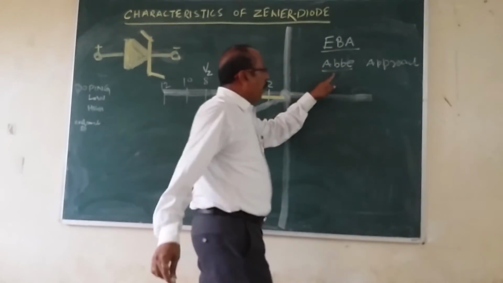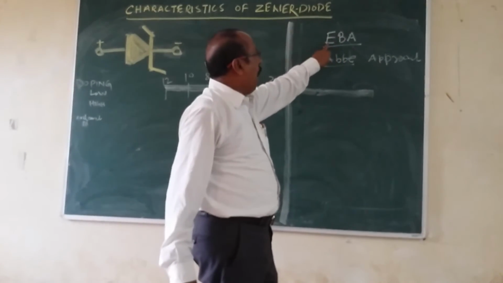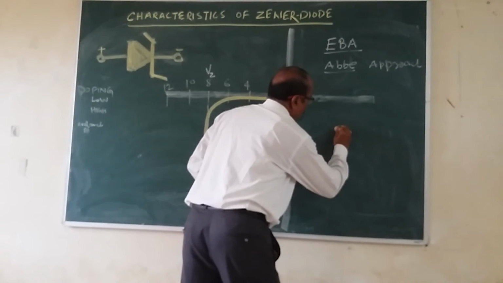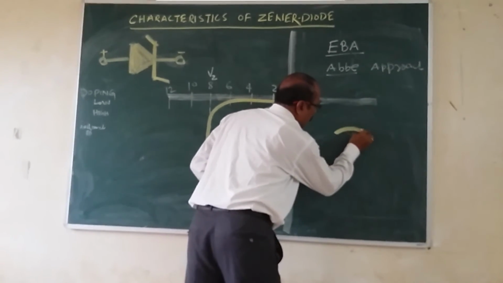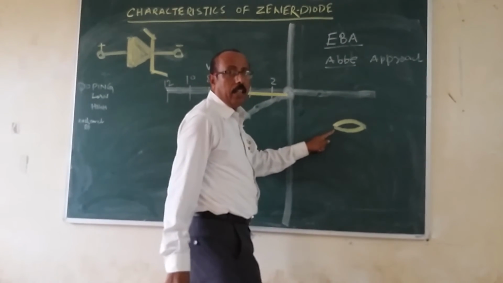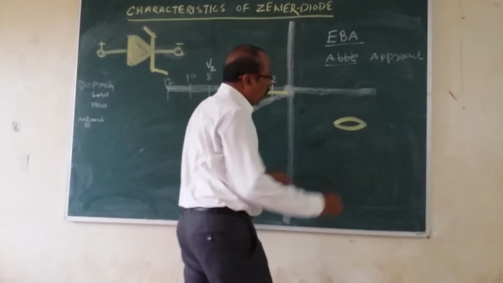Abbe is the scientist's name, and here the B is silent, A-B-E. That means eyeball approach. Here we see this is the eye. Suppose this is the lens, and this is the eye. We generally indicate this as the goddess's eye.